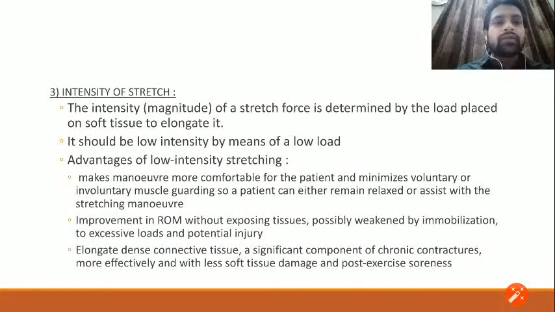An advantage of low intensity stretching is that it makes the maneuver more comfortable for the patient and minimizes voluntary or involuntary muscle guarding. So a patient can either remain relaxed or assist with the stretching maneuver and improve range of motion without exposing tissues, possibly weakened by immobilization, to excessive loads and potential injury.